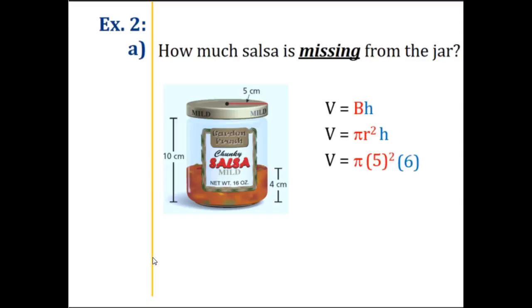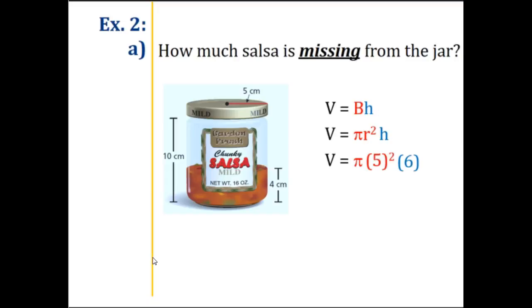How come I wrote 6 and not 10 or 4? Because that's what's missing. And what's it asking us to find out? Sometimes we won't be able to do it this way. Sometimes you'll have to do more than one volume operation. So, let's go ahead and solve that.